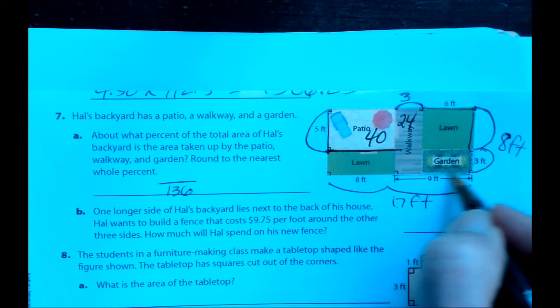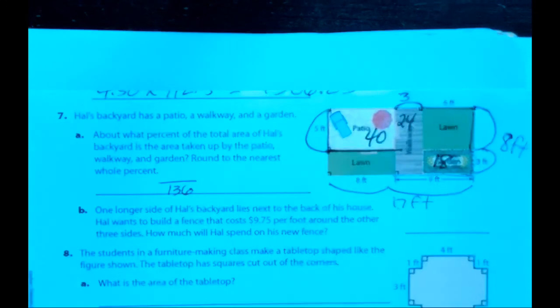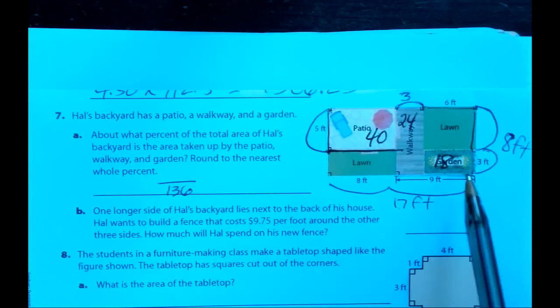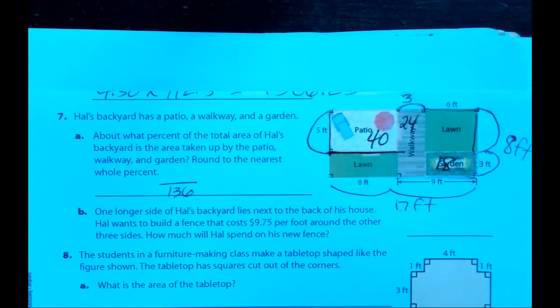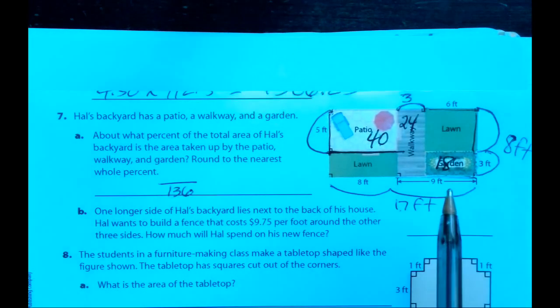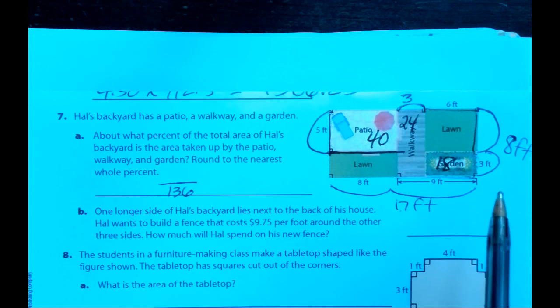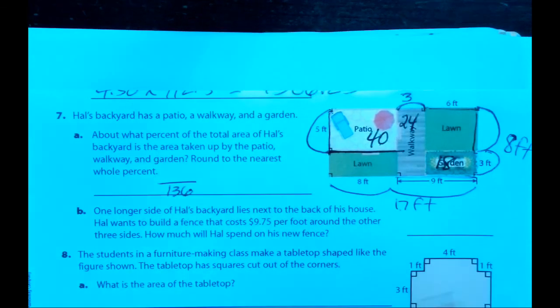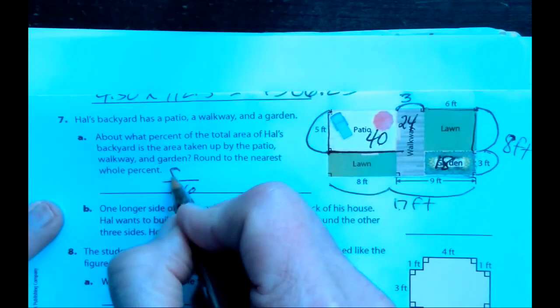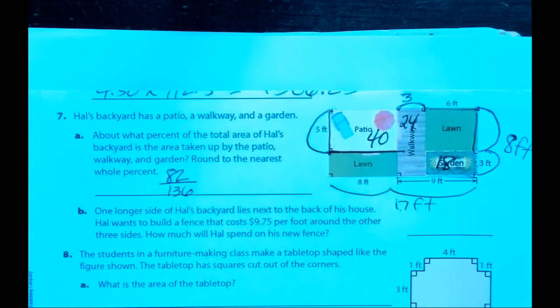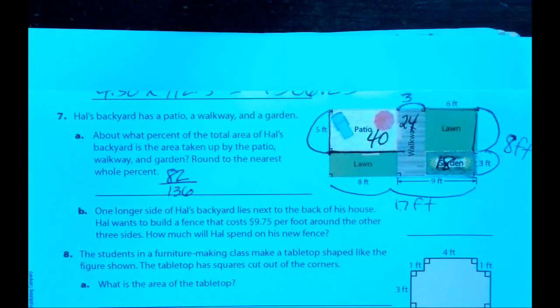So now we have the areas for the 3 sections that we're considering. 40 plus 24 plus 18 gives us 82. So 82 is the part that we're considering out of 136.